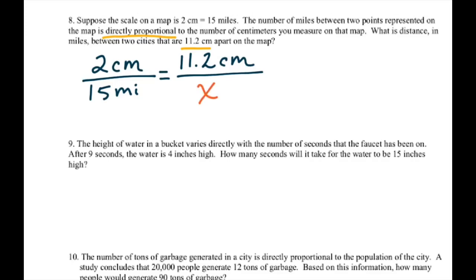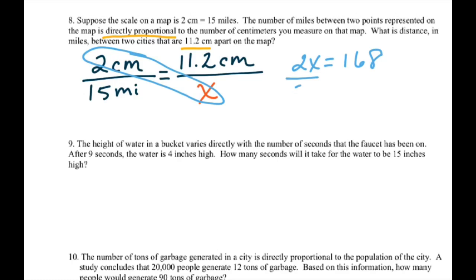So just like we did before, this is still a cross multiplication question. We set up our proportion, which was very easy. So this is 2 times x, which is just 2x, equals 11.2 times 15, which is 168.